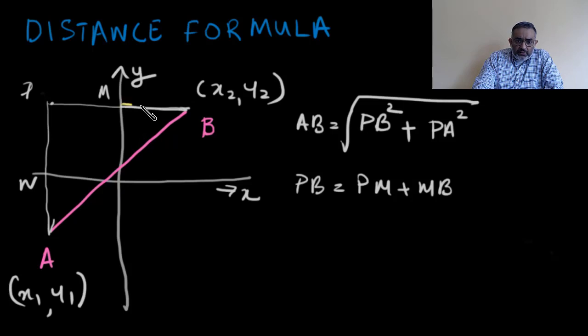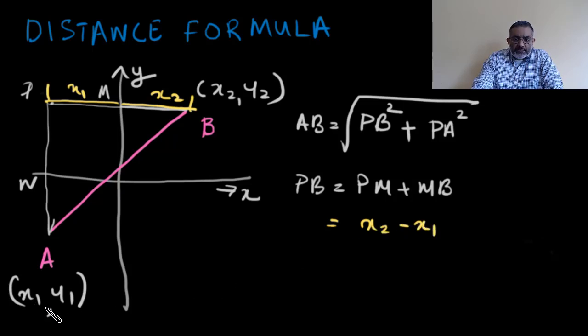All right. So this distance would be the x-axis of this point, x2. This distance would be x1 right here. All right. So this PB would be this entire length combined, which still works out to be x2 minus x1, because this x1 was negative, so this subtraction would work out to be an addition of these two numbers.